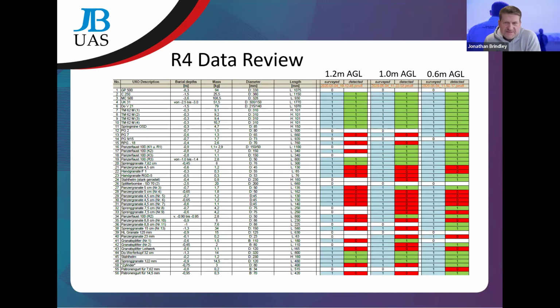There is some spurious data in there, and the length and orientation of the target will have a bearing on the results, of course. But of the 56 targets identified by the MX-V3, the R4 missed 12 of those. They were around 0.6 meters AGL, so still fairly high depth under the ground.